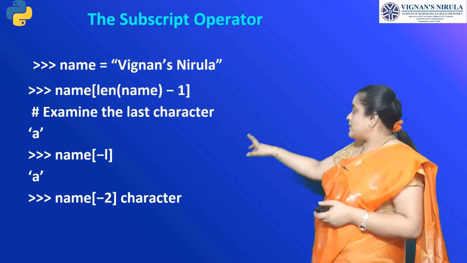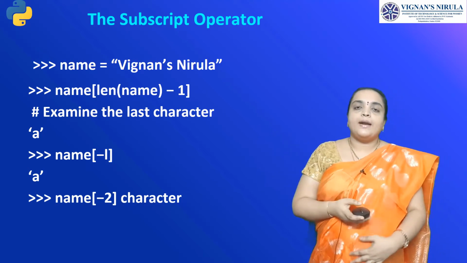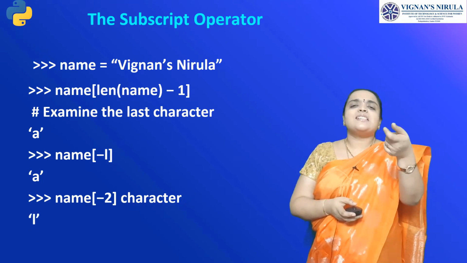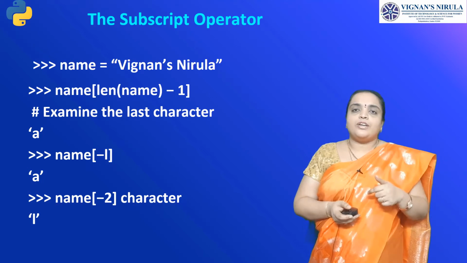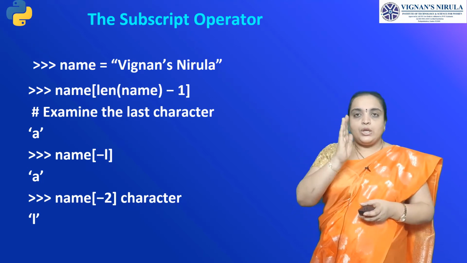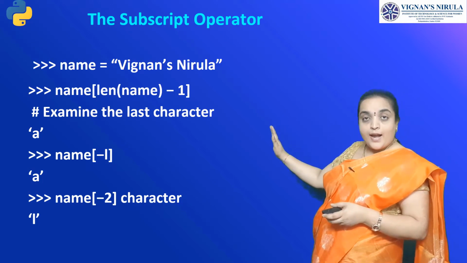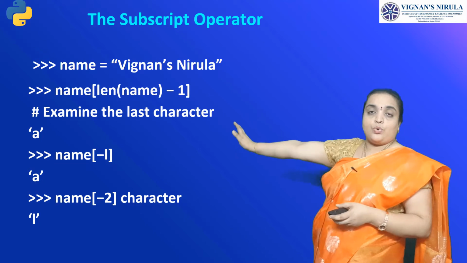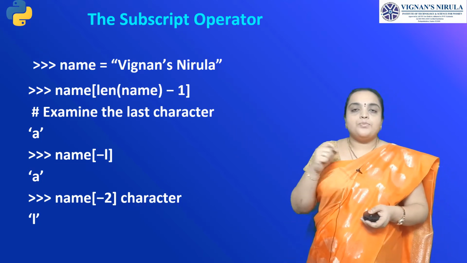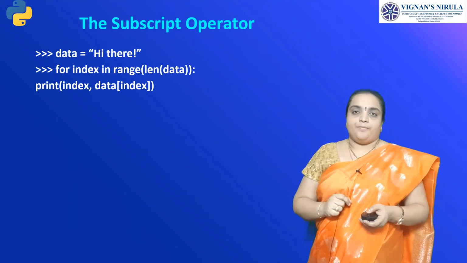A. Let us extract name[-2]. The -2 character value is extracted as the last but one character. What is the last but one character we have? L. In the same way, -3 is U, -4 is R, -5 is I, -6 is N, and so on. Is that clear, students? So in this way, the subscripts will be accessed through the index of a string.